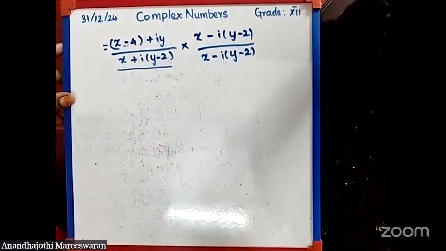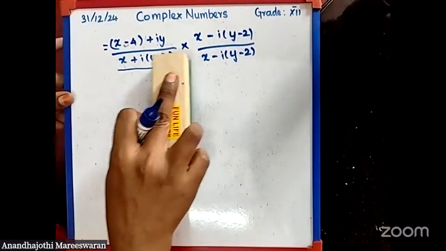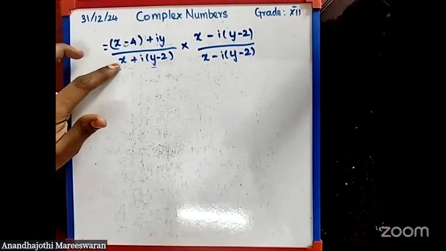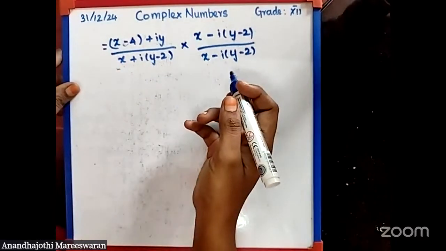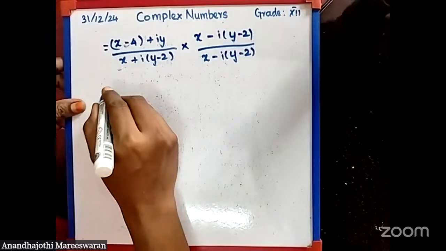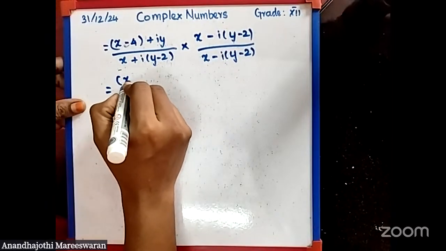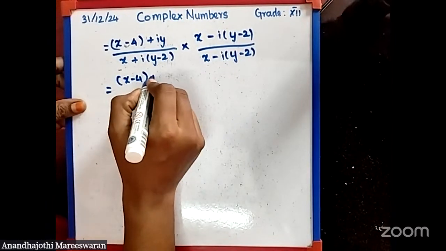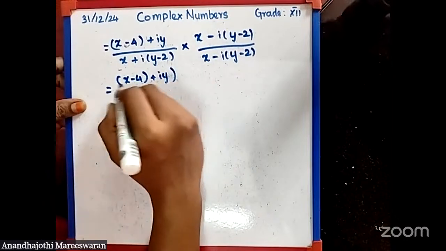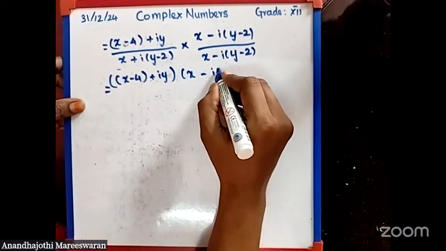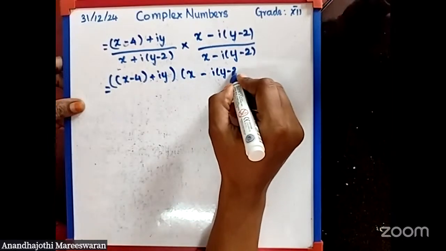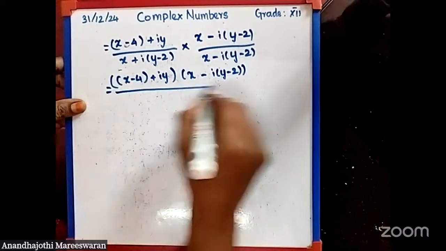I just multiplied by this number's conjugate. So shall we multiply it? Yes. So (x minus 4 plus iy) multiplied by (x minus i multiplied by (y minus 2)).